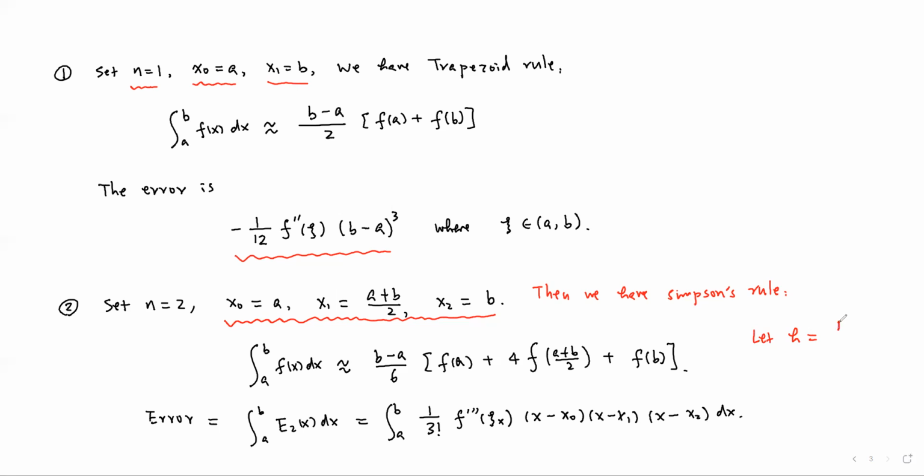So h is (b minus a) over 2. Let h be (b minus a) over 2, and make a change of the variable x. Let x be x0, which is a, plus t times h.